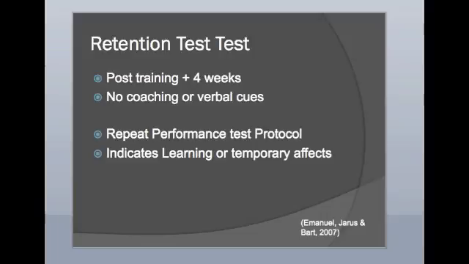They allow the coach to test for the indication of learning, or if the training program has simply had temporary effects. This is due to the fact that learning cannot be directly tested, and therefore the retention test will be used to indicate the learning. The test is compared to the pre and post testing conducted throughout the sessions.